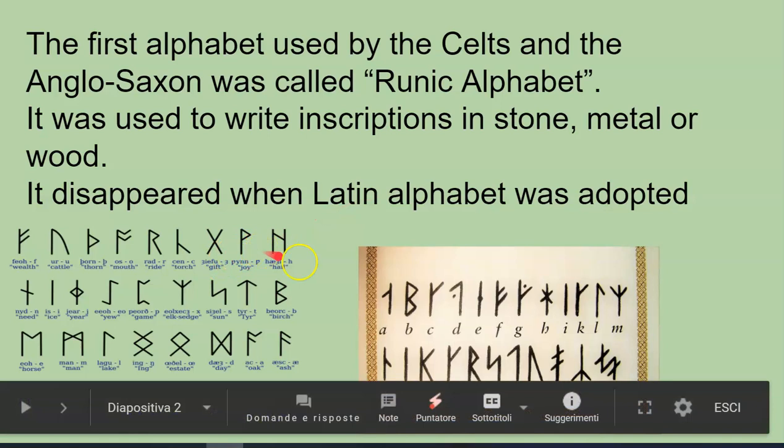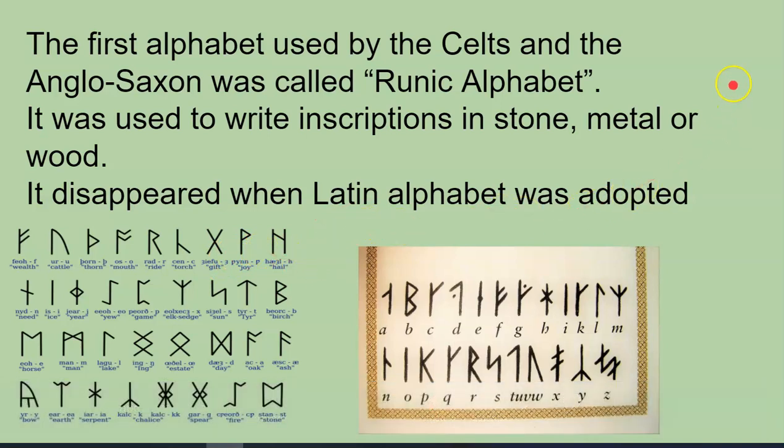We can say that the first alphabet that was used by the Celts and also by the Anglo-Saxons was called the Runic Alphabet, and it was mainly used when they had to write on stones, on metal objects, or on wood. So it was carved, actually, not exactly written.